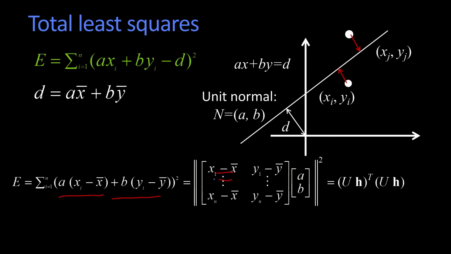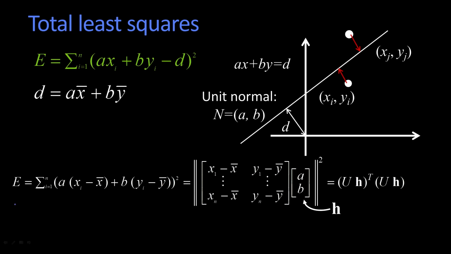So if I stack up all my x's, x minus x-bars here, and y's minus y-bar there, I'm actually going to call that matrix U, because I can write this whole thing as (Uh) transpose (Uh), where h now is this parameter (a, b). Remember, we got rid of d, we solved for d in terms of a and b, and now we just have to solve for a and b.